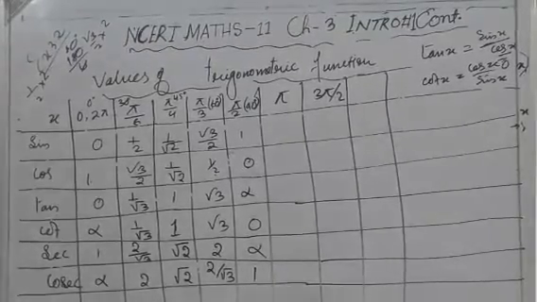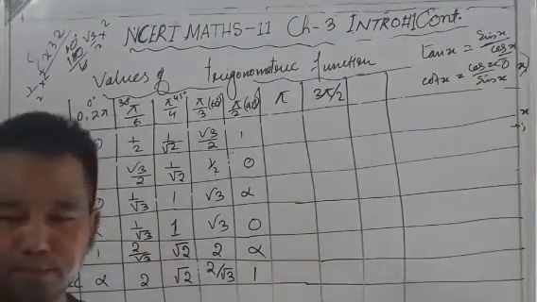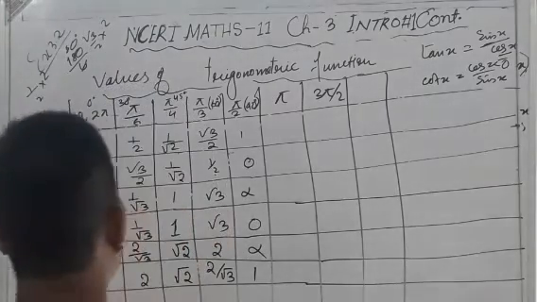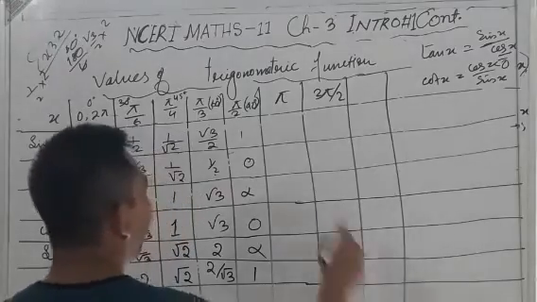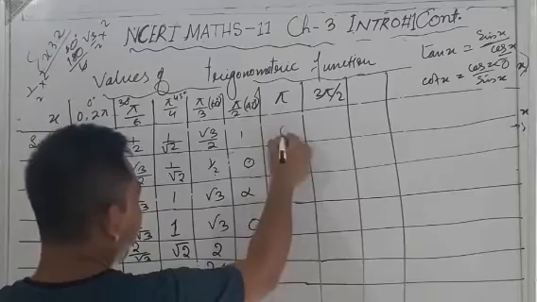Okay, now pi. What will be the value? Do you know that? At pi, sin pi is 0 only.